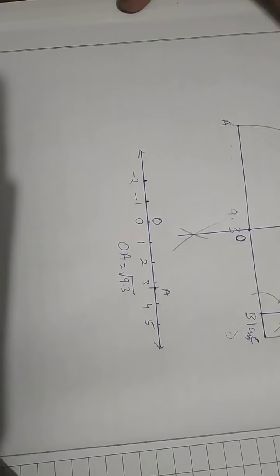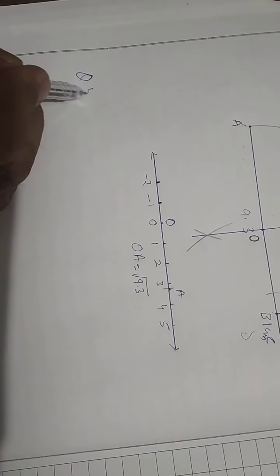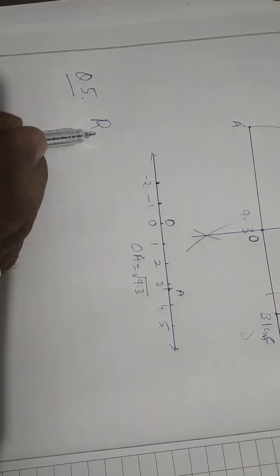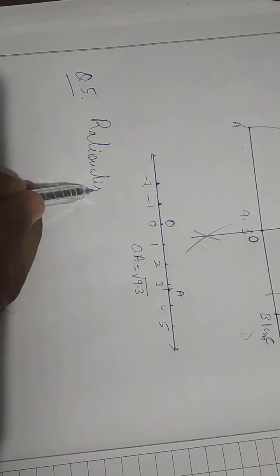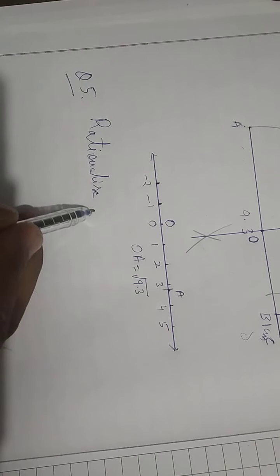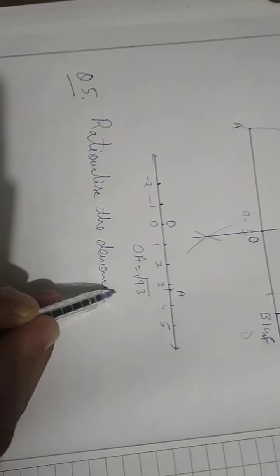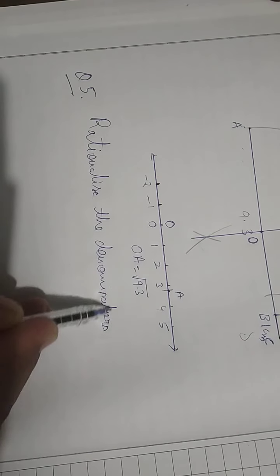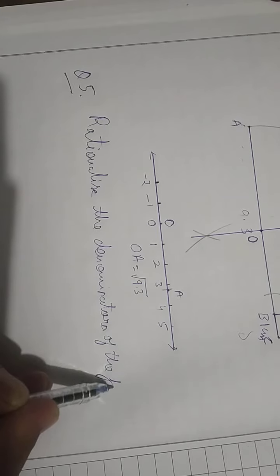Now the second question is question 5 of exercise 1.5. Rationalize the denominators of the following.